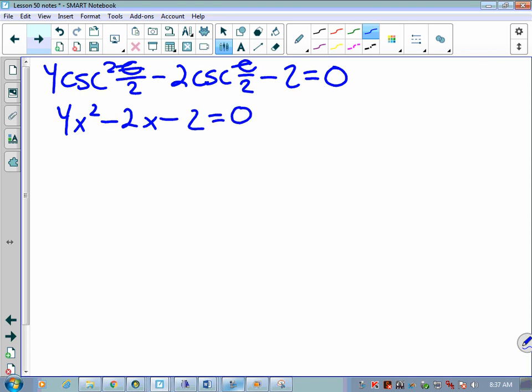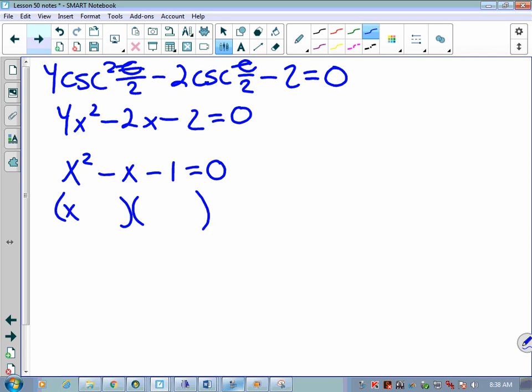The first thing I would do with that is divide everything by 2, which gets me down to just an x squared. So we get x squared minus x minus 1 equals 0.